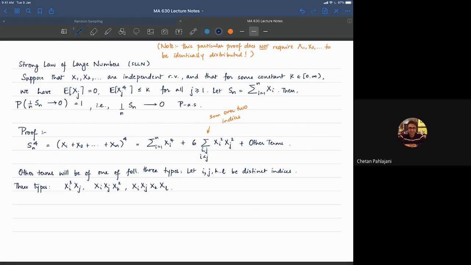Now what I'm going to do is take the expectation of S_n to the 4. The reason I did not write out what these other terms are is because when I take expectations, I'm going to get 0. So let's look at the expectation of other terms.